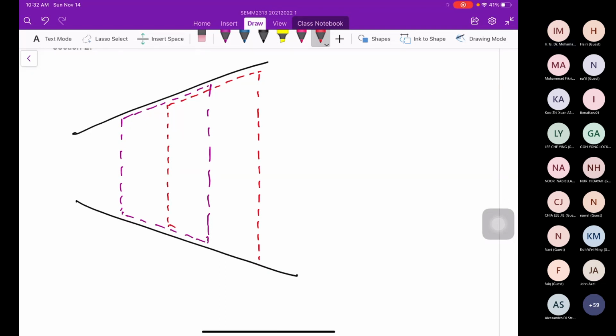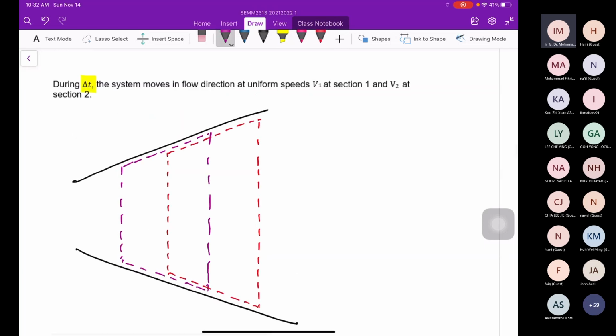Remember, the control volume is fixed. The system will move.